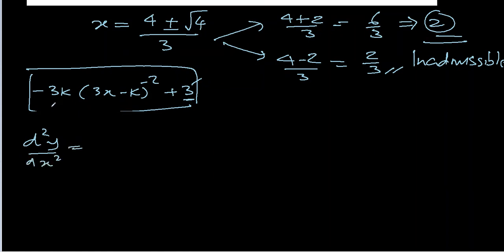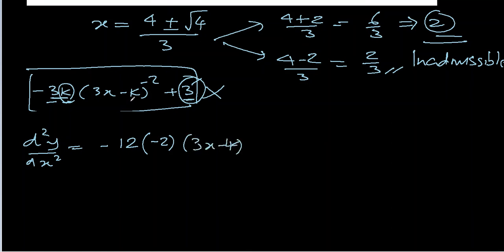Second derivative of this will be minus 3k is again a constant. This time k is 4, okay? So minus 12. Because minus 3 times 4 will be minus 12. And this differentiation of 3 will be 0. So we will not even look at this. So only thing we have to differentiate more is this one. So minus 2 comes in front, just like previous time. 3x minus 4.